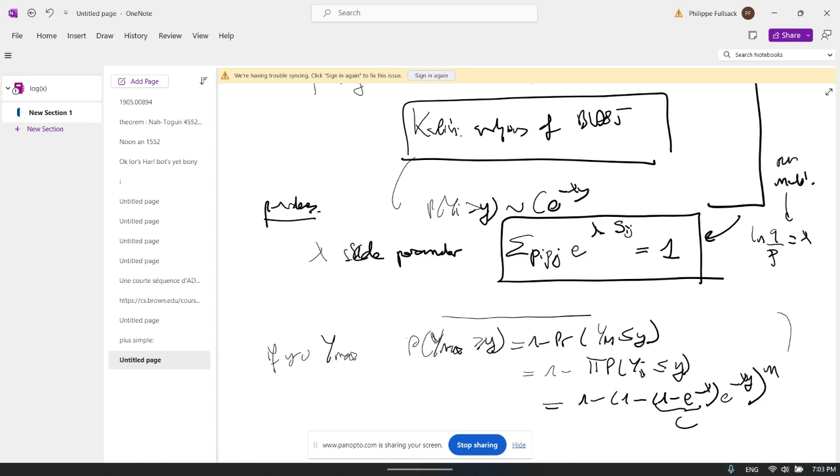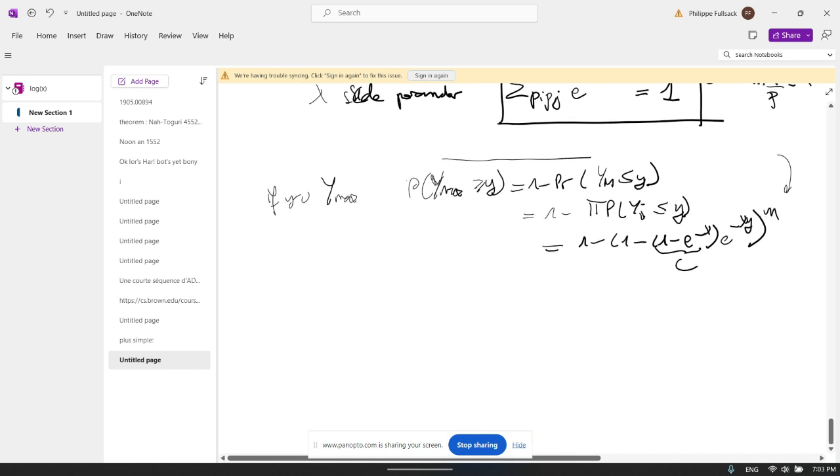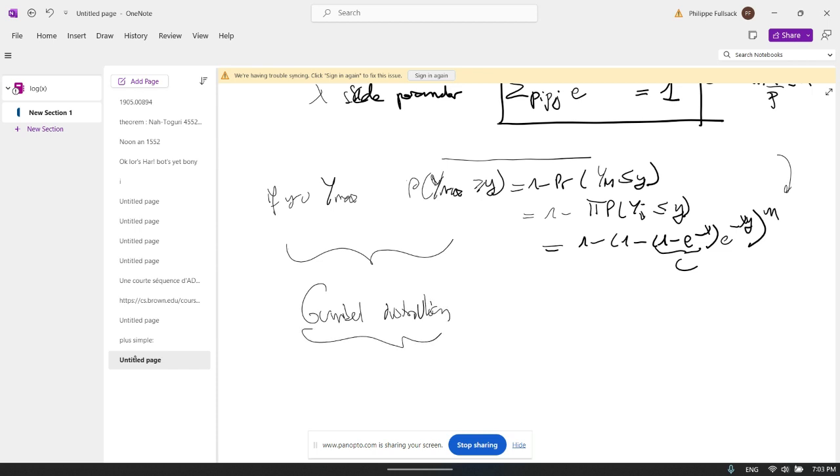This is not a complete analysis, but if you continue along these lines, you arrive at another kind of distribution, which is called the Gumbel distribution. The Gumbel distribution is a distribution that controls extremal values. So you basically will arrive at an exp of exp.